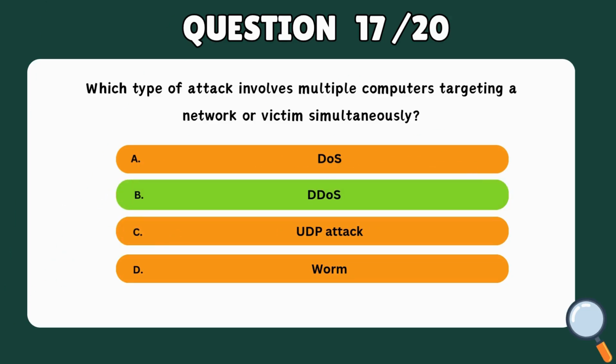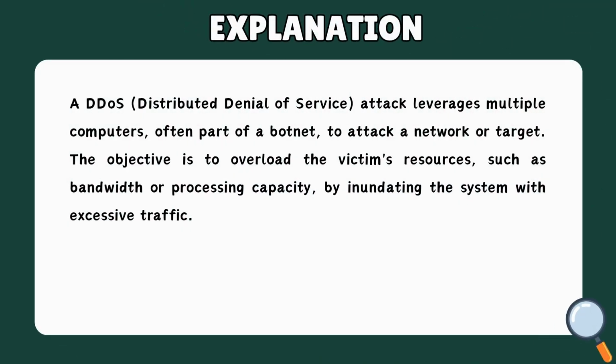B. DDoS. A DDoS, distributed denial of service, attack leverages multiple computers, often part of a botnet, to attack a network or target. The objective is to overload the victim's resources, such as bandwidth or processing capacity, by inundating the system with excessive traffic.